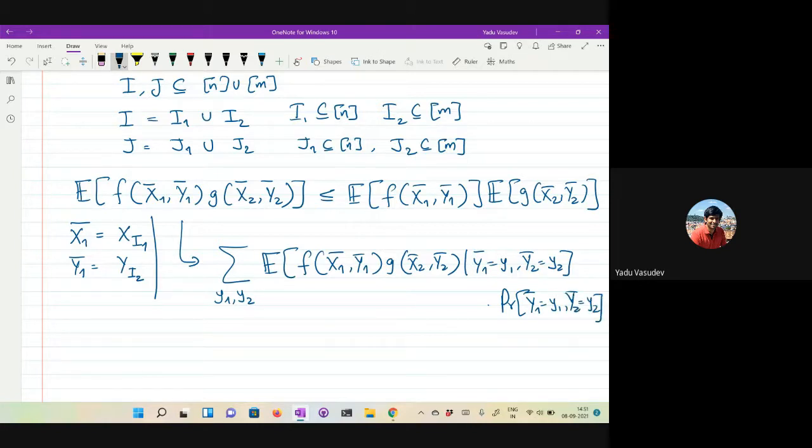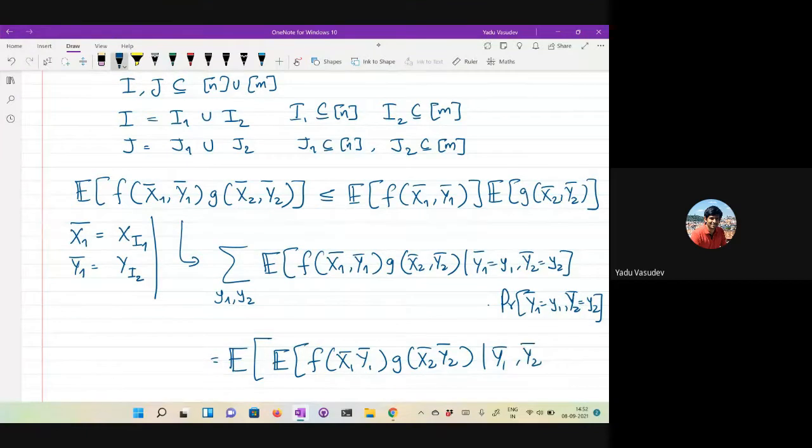Right? So you can write it like this using the conditional expectation. And this is nothing but the expected value of the expectation of f of x1 bar, y1 bar into g of x2 bar, y2 bar conditioned on y1 bar and y2 bar. This is just the standard expectation calculation.